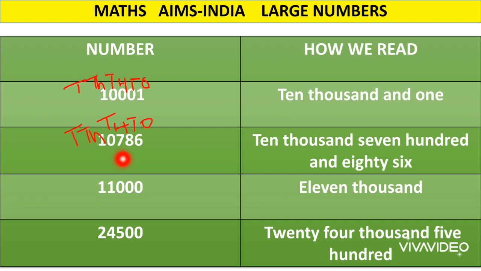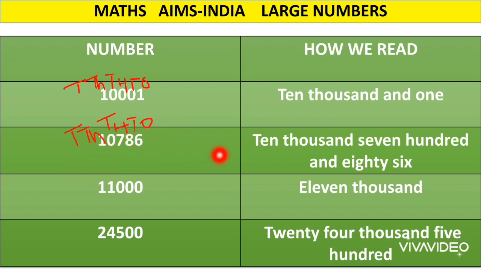We read 786 as 786. Now these two digits at the front: 1 is at 10,000's place and 0 at thousands place. 1 is at which place, children? 10,000. So its place value becomes 10,000. We simply read this 10,000 along with 786.